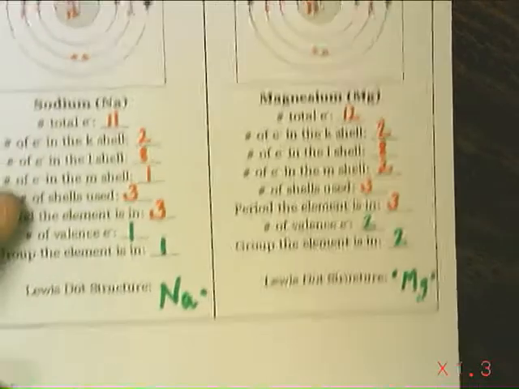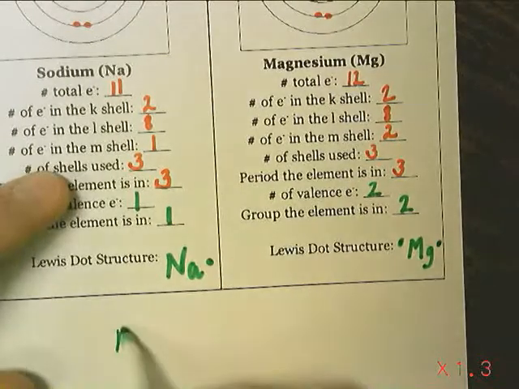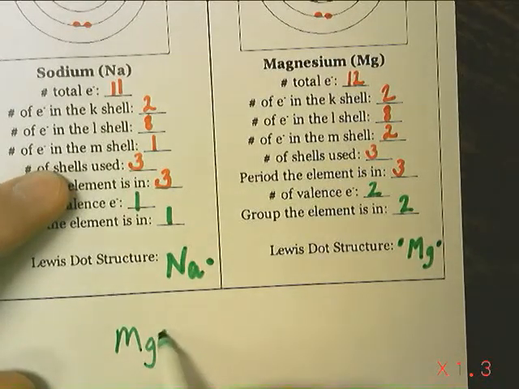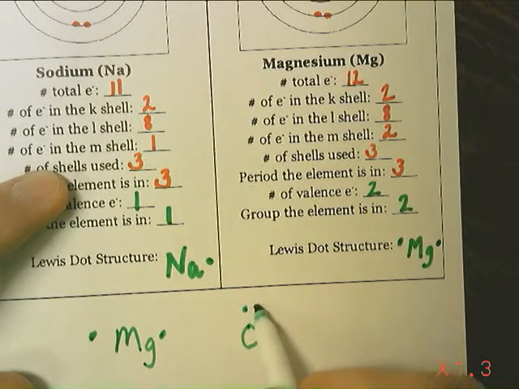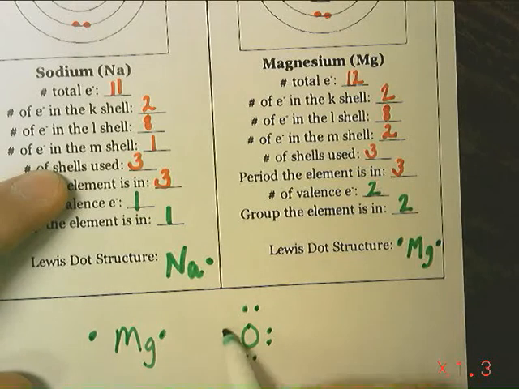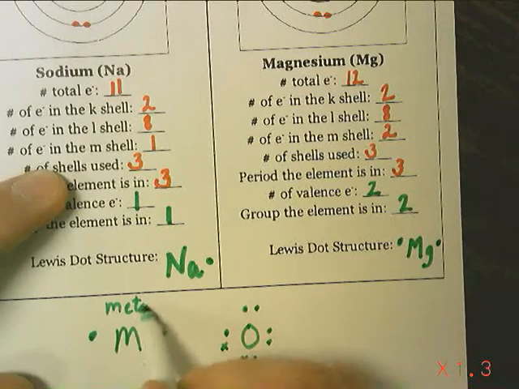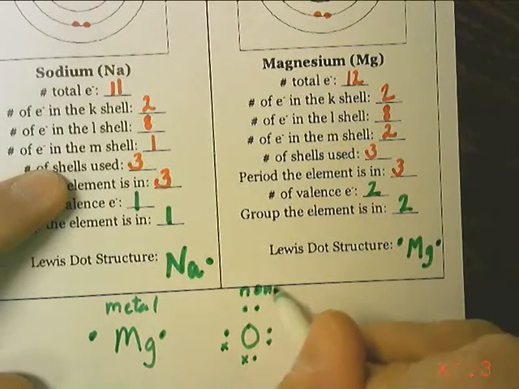And now I will leave you with this thought. Magnesium is a metal. Oxygen is a non-metal.